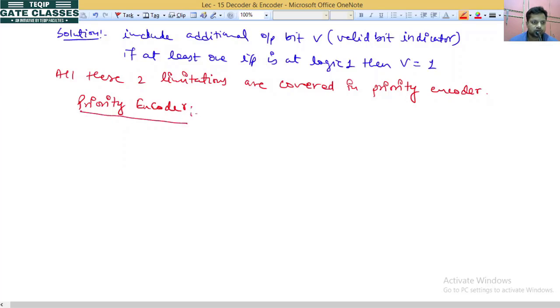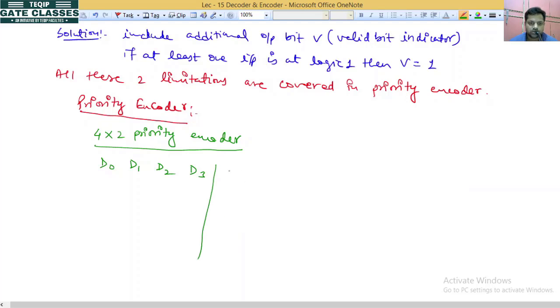Our next point. So it is a 4x2 priority encoder. Okay. Now we have D0, D1, D2, D3, and we have to add V also in the output. So it will be X, Y, V, because V denotes the valid bit indicator.